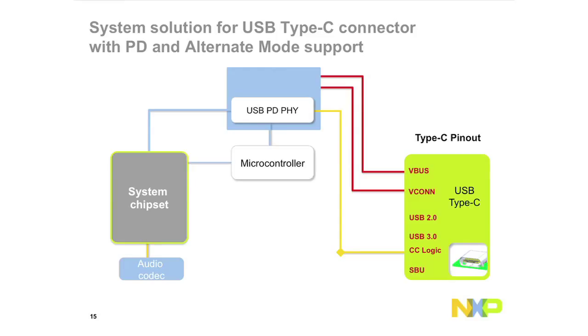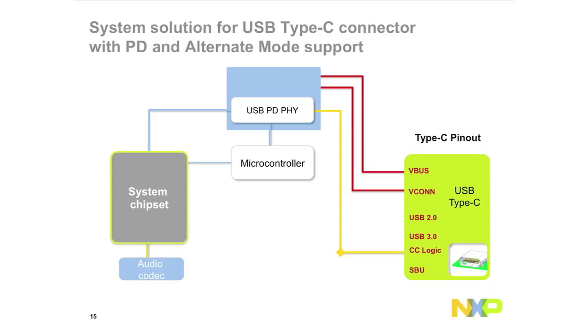Obviously, along with the PDFI, you can envision that you will need an MCU. Why MCU? Because the MCU is your PD controller. It is your power delivery controller. It is your system policy manager, where you will have a fully compliant state machine running that is going to govern everything. The microcontroller is the one which is going to tell your PDFI what to send out and interpret what the PDFI received, right? So they go hand in hand, and they can talk over an I2C or SPI interface.